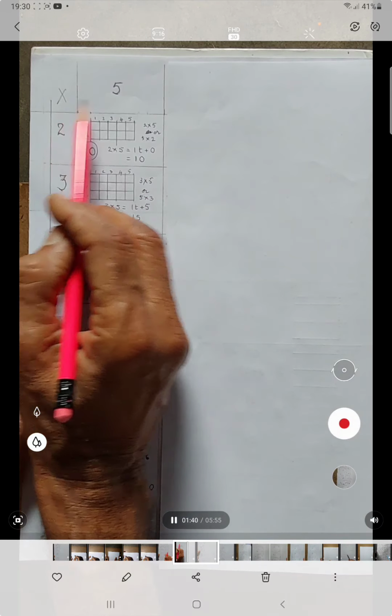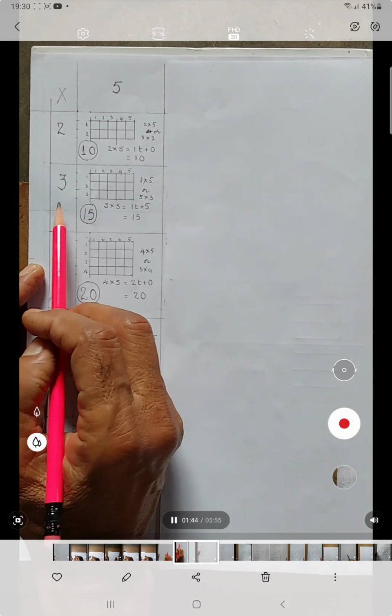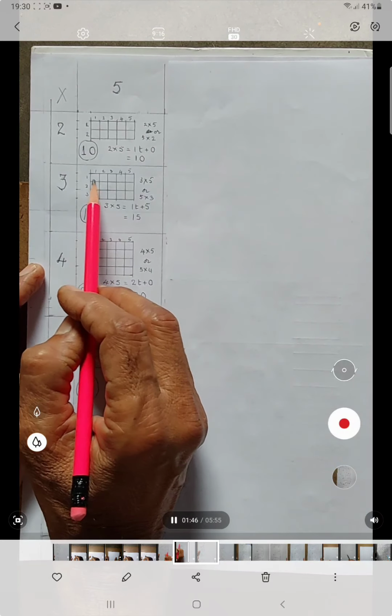Similarly, 3 times 5 or 5 times 3 is seen as a visual of 3 rows and 5 columns.